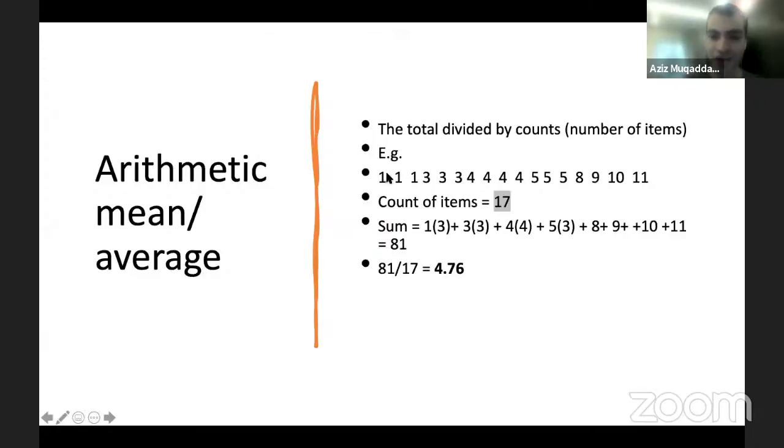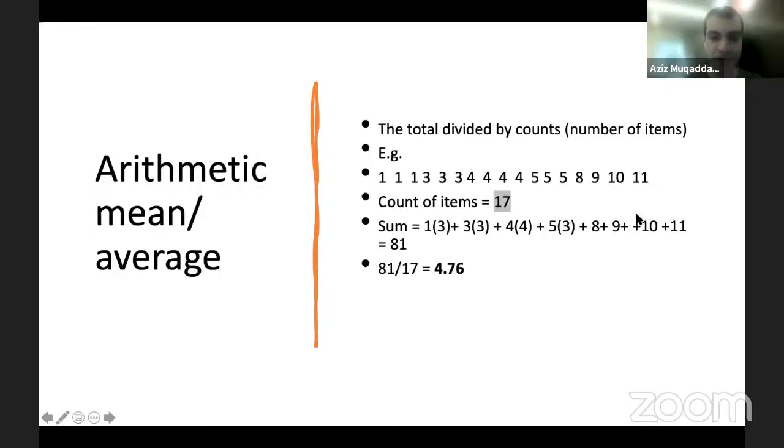So here, assuming these are the cases, I have 17 participants, and each one answered a question: to what extent are you motivated to come to class? If it was from 1 to 11, let's say, the answers were 1, 1, 3, 3, 3, 4, and so on, one number per participant.